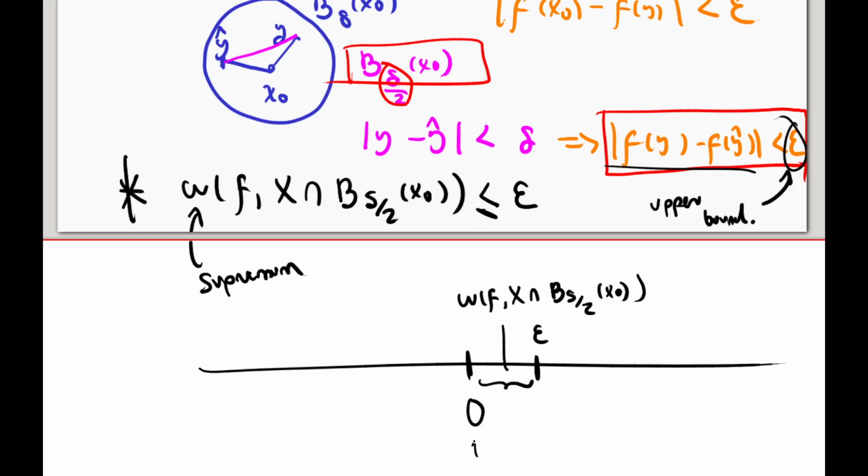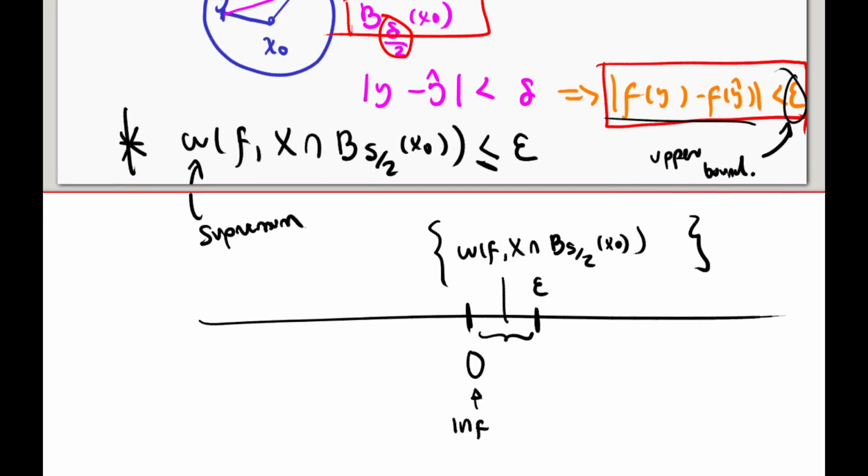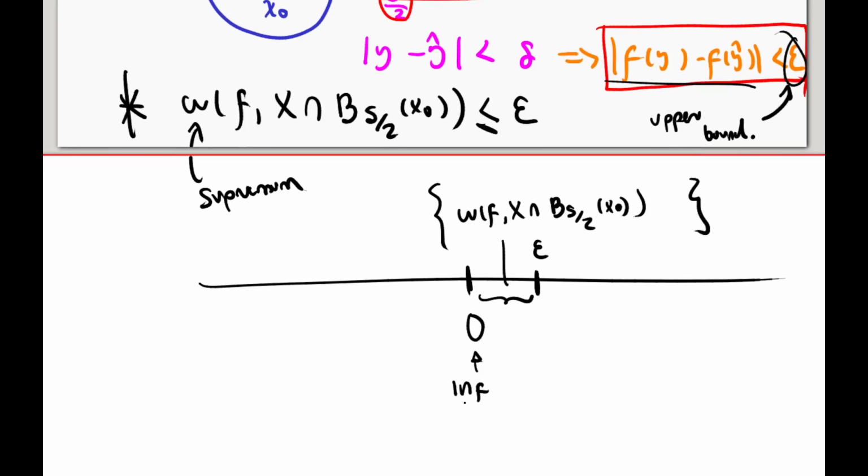What we should do to prove that this is the infimum of the set of all of these elements is first prove that 0 is a lower bound of this set, which is trivially true. We saw that earlier. And then we also need to prove that it is the biggest lower bound there could be.